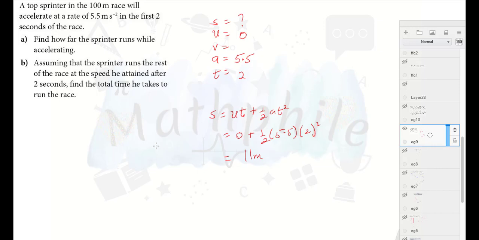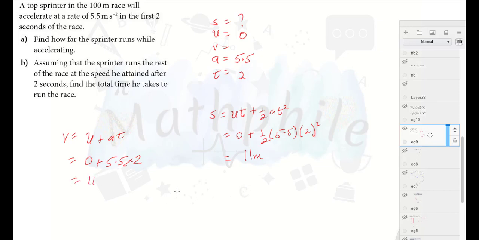Yes, that will be 11. If you use v equals u plus at, that's 5.5 times 2. u is 0, a is 5.5 times 2. This is going to be 11.